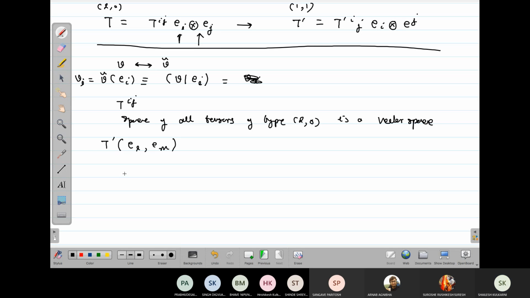Okay. Here, on one hand, T prime, since it is a tensor of rank (0,2), I can write this as T prime LM, or say TLM, EL direct product with EM.